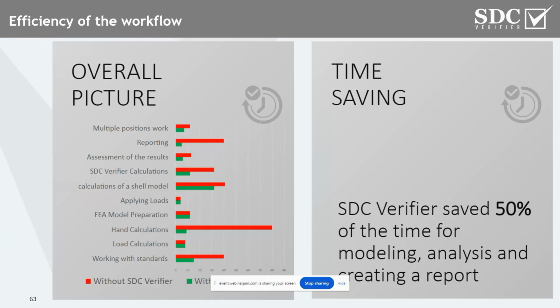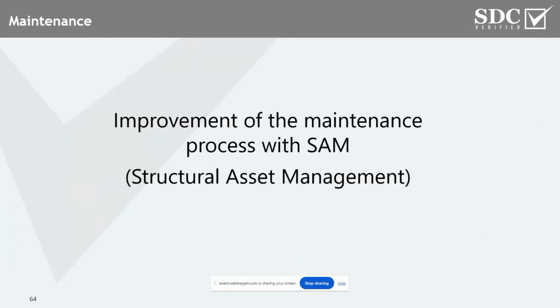There is one thing you might say about maintenance, because calculation and code checking are all nice, but practically, how to facilitate your maintenance process. We have a solution for that one as well. Its name is Structural Asset Management Tool.